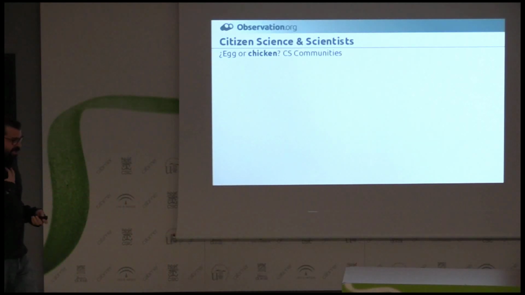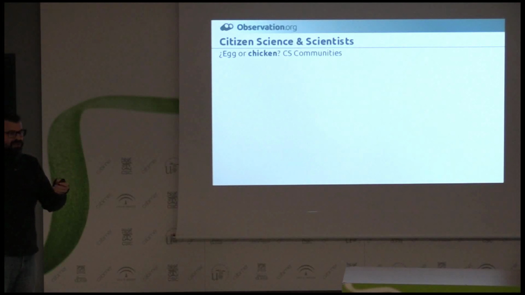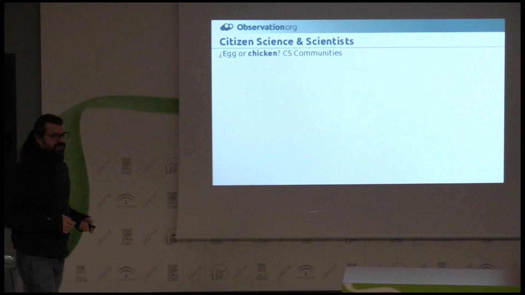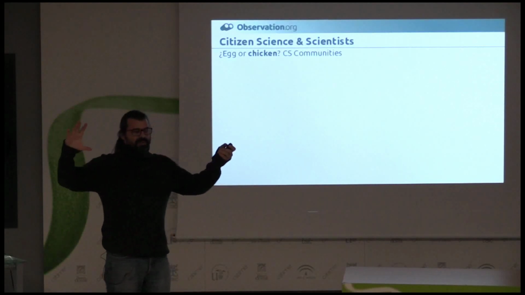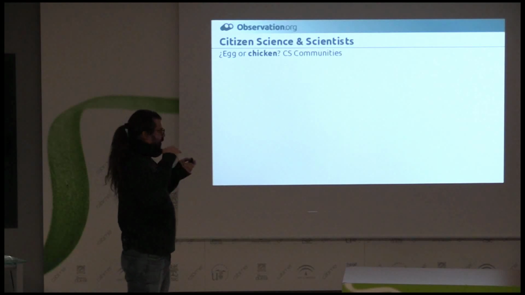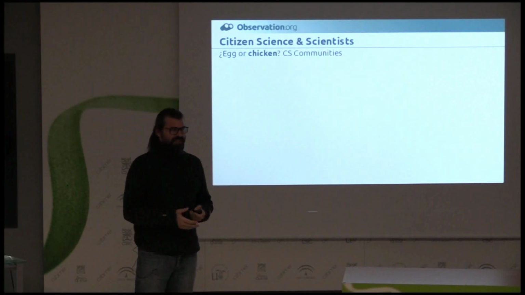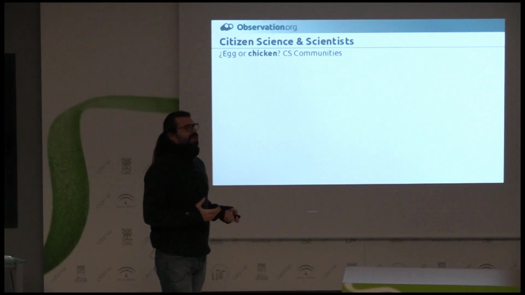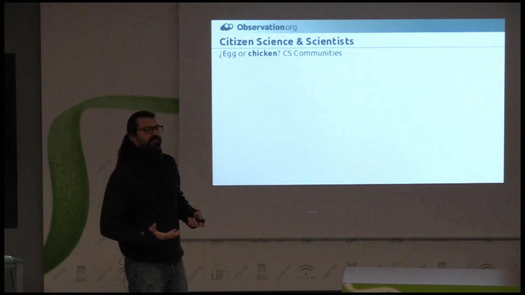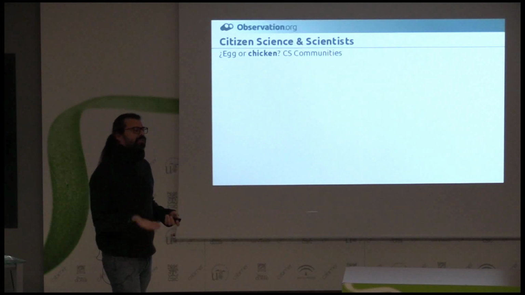So, in my experience, there are a lot of models, and something very important when you are thinking about citizen science, as a research team or a scientific team that wants to use citizen science, is this: Observation.org is a platform that came from the bottom to the top.